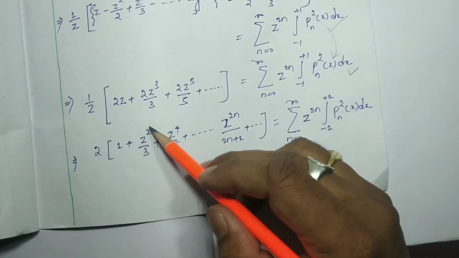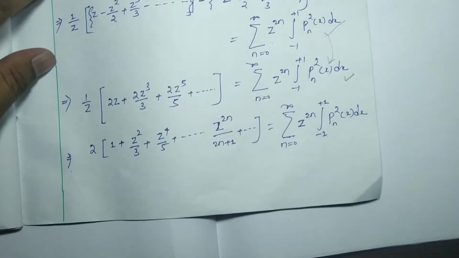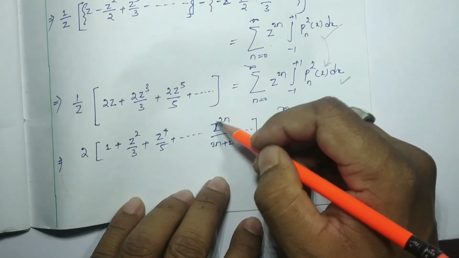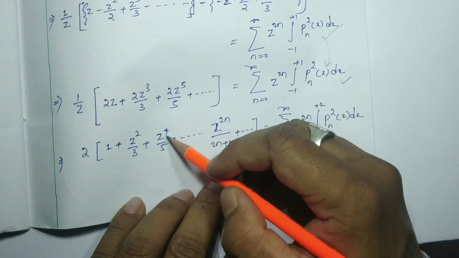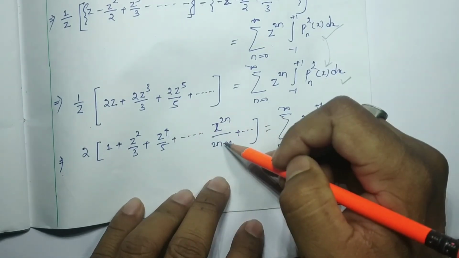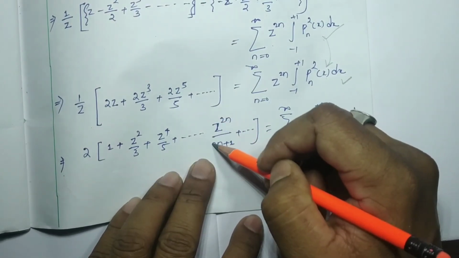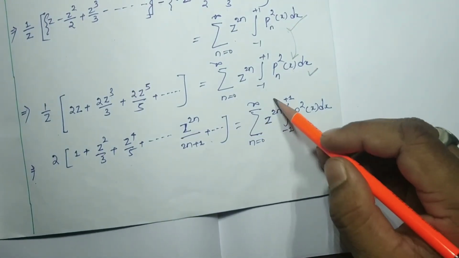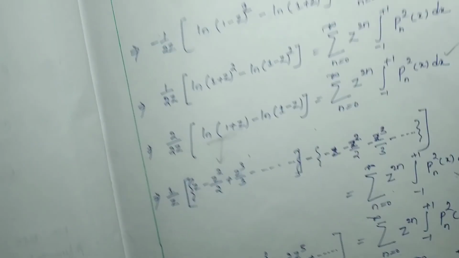See, if we consider the nth term, then it will be z to the power 2n and the denominator will be 2n plus 1. See, it is 4 divided by 5, that means if I consider 4 over here, 2 over here, it will be z to the 4 and 2 into 2 plus 1, like that, and so on, is equal to the summation n equal to 0 to infinity z to the power 2n, integral from minus 1 to plus 1 of Pn square x dx. Okay, now come to the next page.